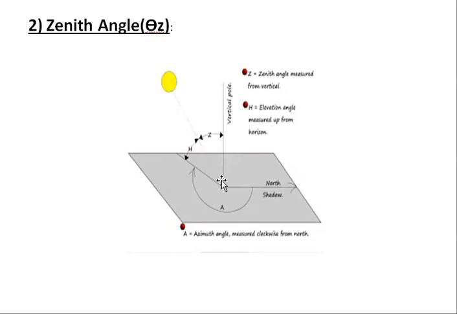This is the sun ray which is coming to the center point of the surface, and this is the vertical plane, that means perpendicular plane. Now the angle between the sun ray and perpendicular plane is called as zenith angle, that is represented by theta z, or else sometimes it can be represented with z also.